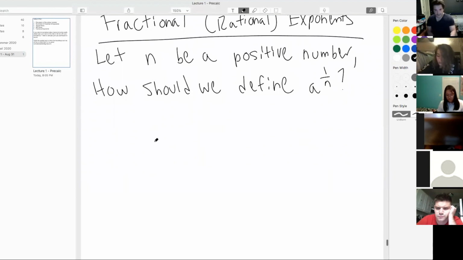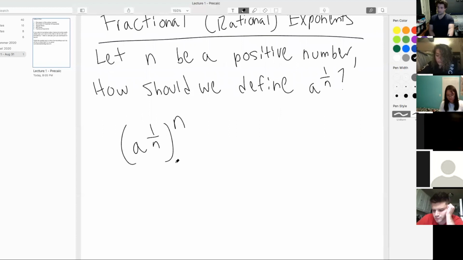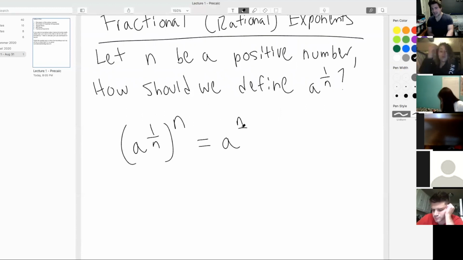Okay, well, let's just play around with this for a second. A to the 1 over nth power, if I raise that to the nth power, I can use the power rule. I can multiply the powers together. This is a to the n over n. And that's the same as a to the first, which is just a.